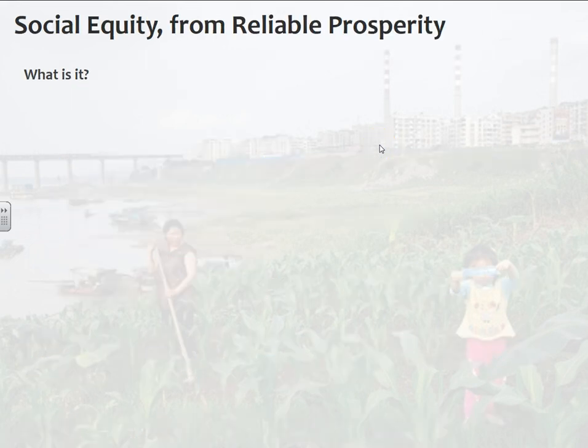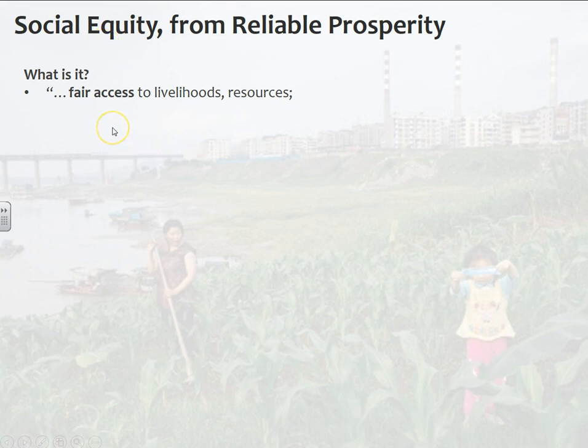Okay, so there was a short reading from Reliable Prosperity. Reliable Prosperity is an organization that helps businesses become sustainable. And so they define social equity. Social equity they define as fair access to livelihoods, resources, and so forth, okay? So again, social justice and social equity are basically the same thing.